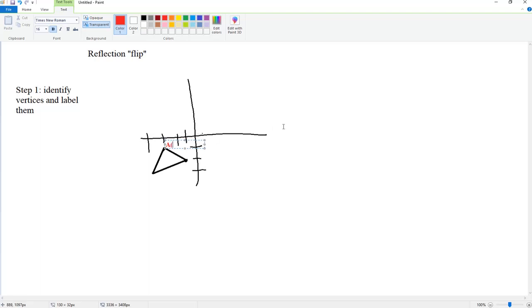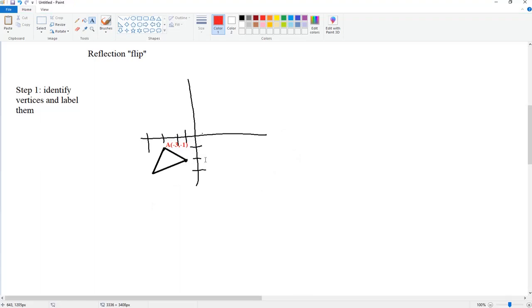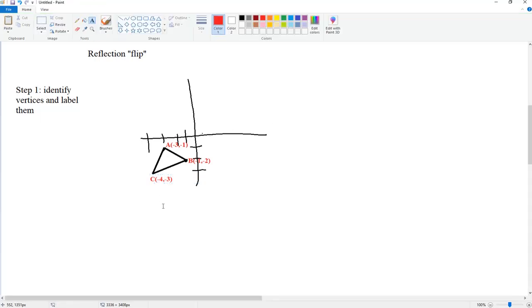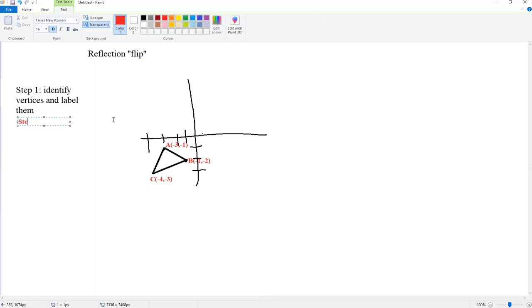So that's -3, -1. That's my A. My B here is going left 1, so that's -1 for the X, and down 2, so that's -2 for the Y. So B is -1, -2. And here I have my C, which is 1, 2, 3, 4, 1, 2, 3. So -4, -3. All right? These are my points. I labeled them. Step 2.